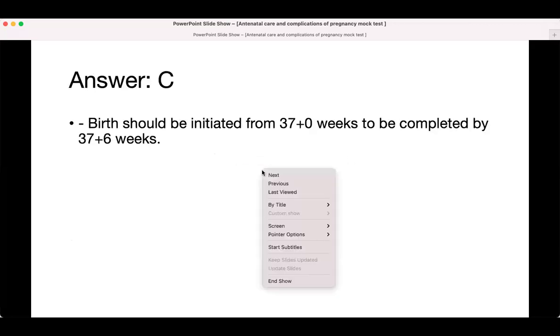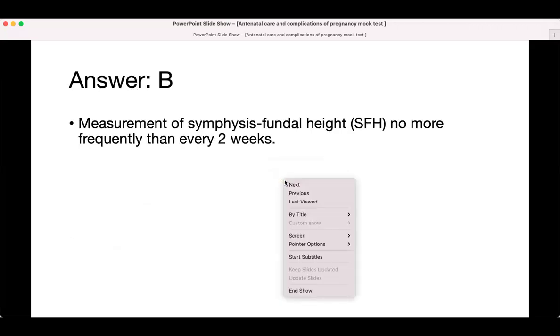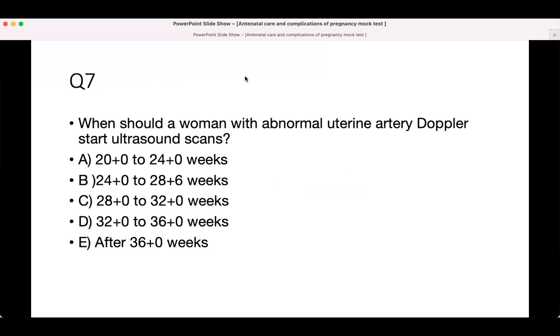Next question, I'm sorry. Yes, it's 7. When should a woman with abnormal uterine artery Doppler start ultrasound scan? What do you think, my friends?